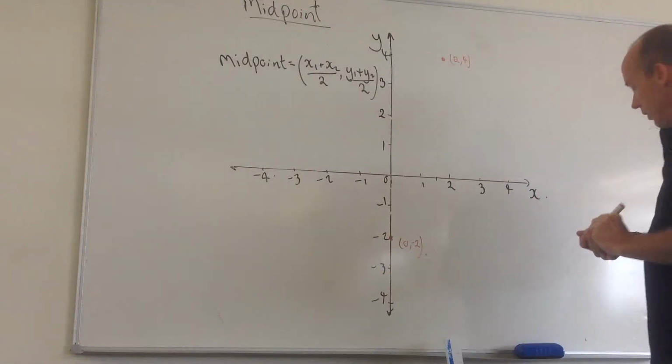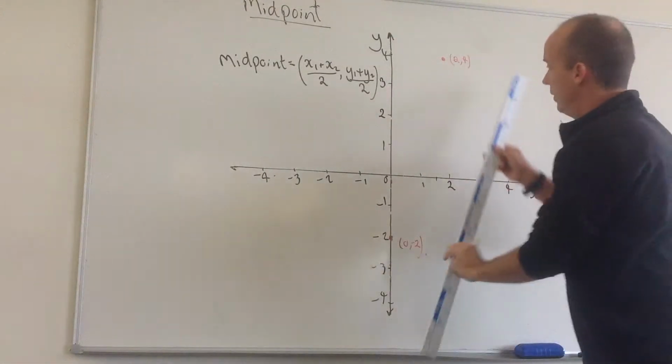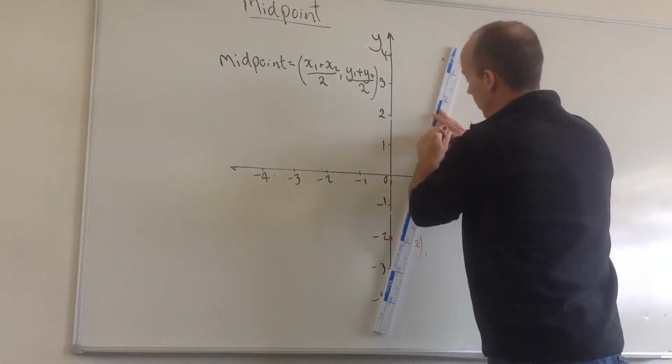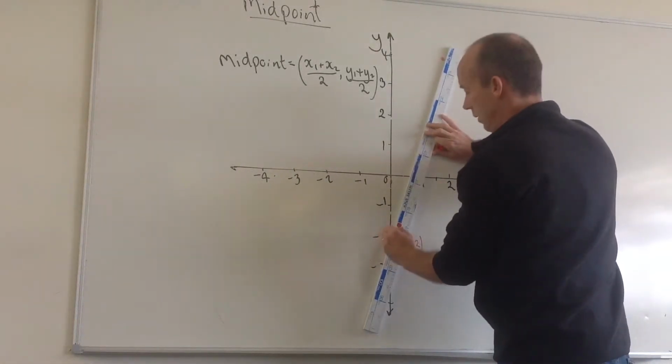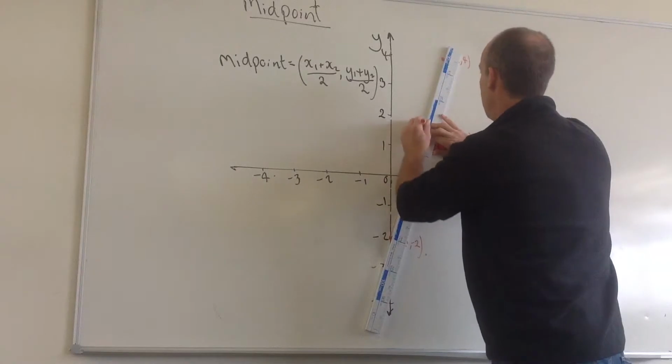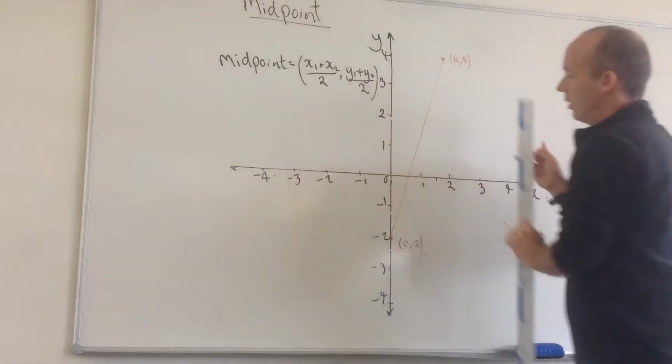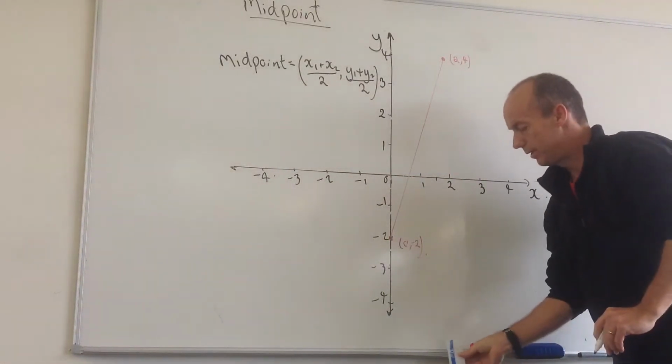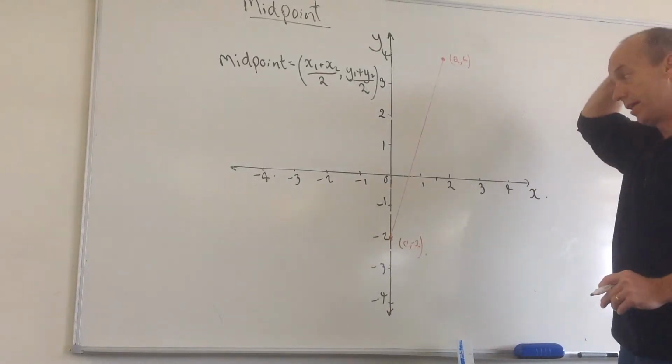Now again, what I'm trying to do is take the midpoint of those. So if I join them up with a line, like this, what I'm trying to do is find the halfway point, the coordinate of the halfway point on that line.